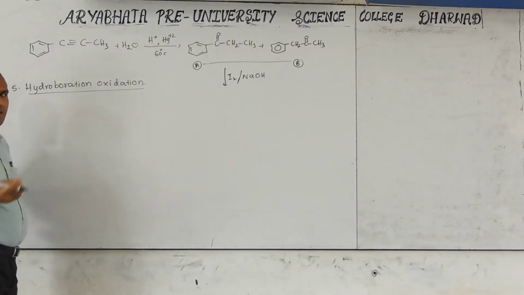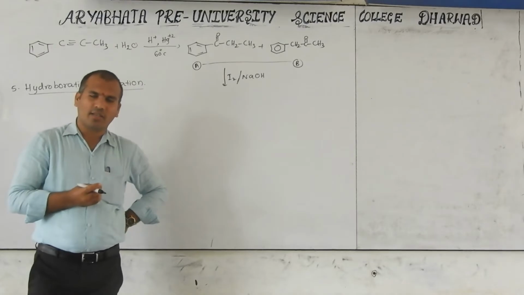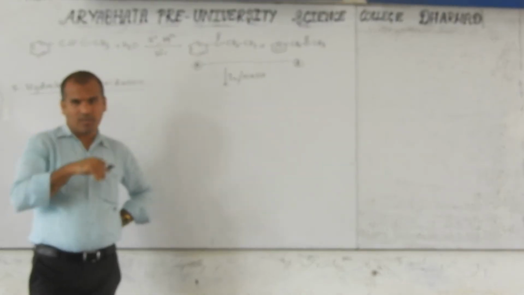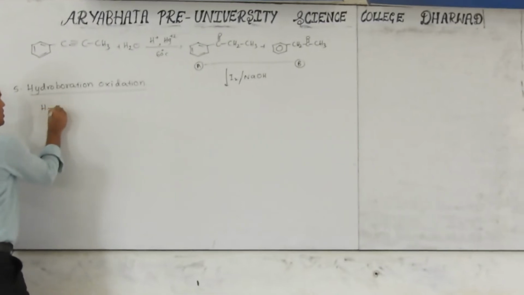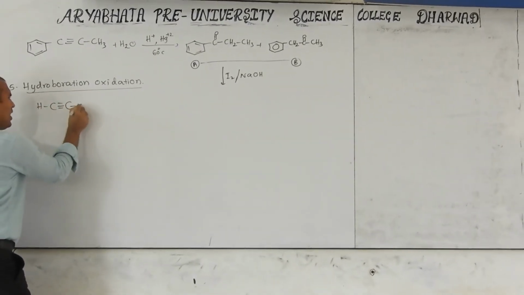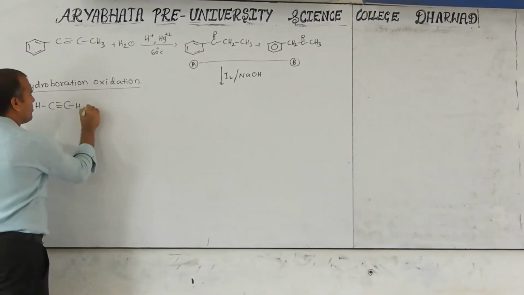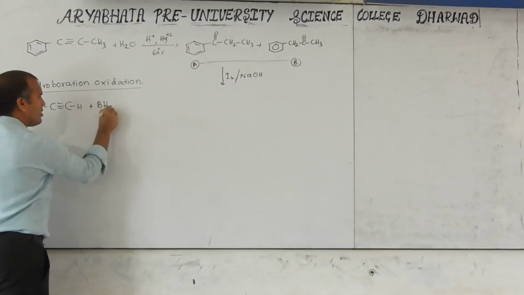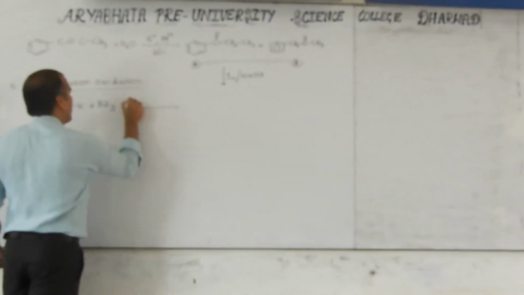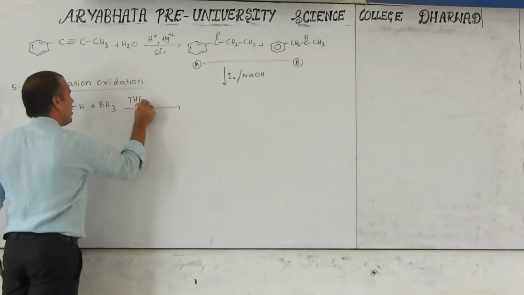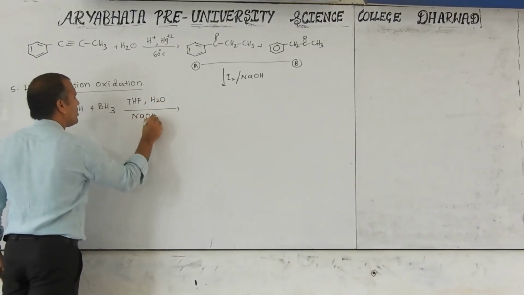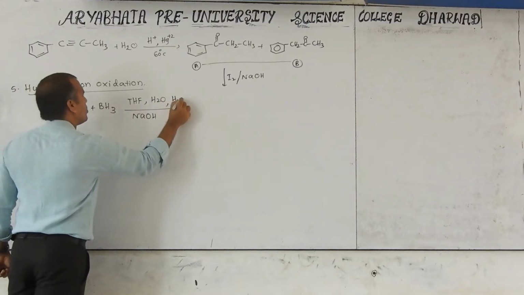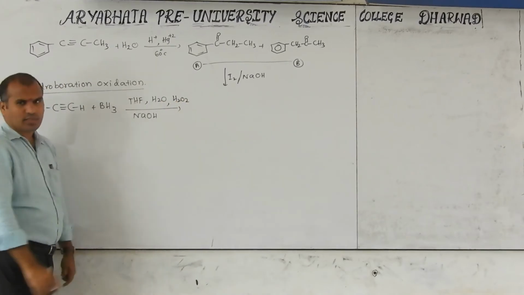Now, an alkene reacts with BH3 and then gives the alcohol. Here the alkyne, HC triple bond CH, reacts with BH3, taking THF as the solvent, and then water, NaOH and H2O2, hydrogen peroxide.